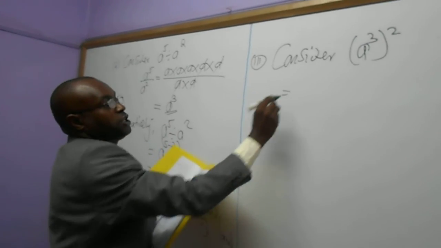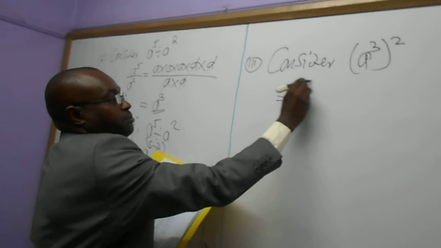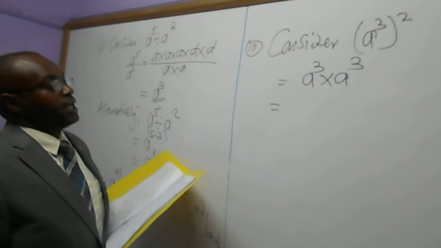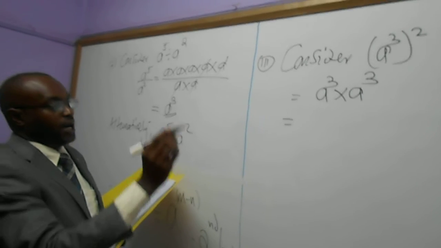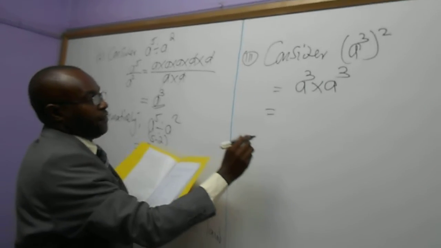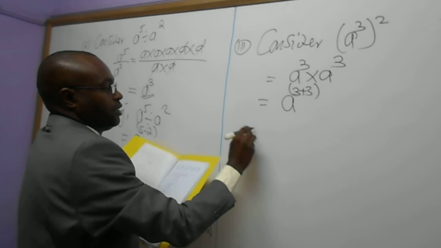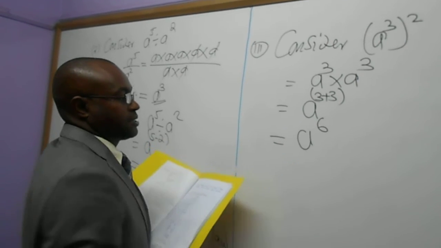This means a to power 3 squared is a to power 3 times a to power 3. Using our laws of indices, we are going to add the powers, and this will give us a to the 3 plus 3, which gives us a to power 6.